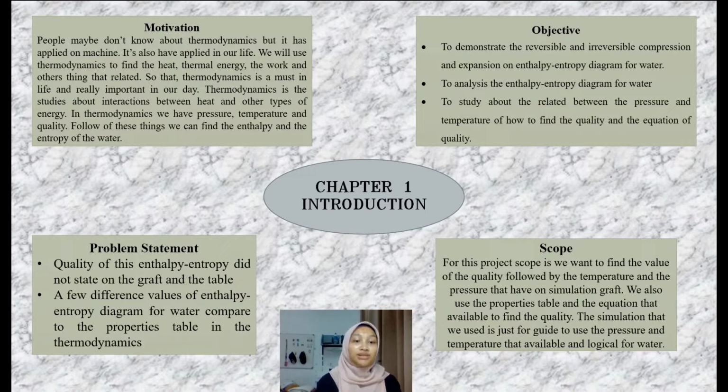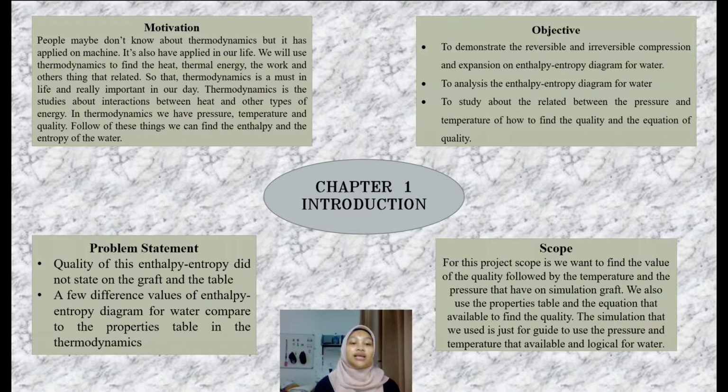As for the problem statement that we found in this project, the enthalpy entropy diagram for water, first of all, we find that the quality is not stated on the graph and the table. Quality is not in the table, so we need to find it by ourselves.